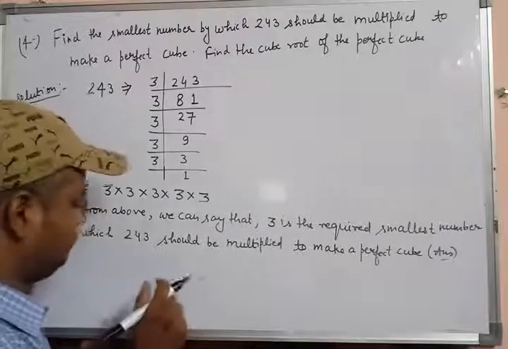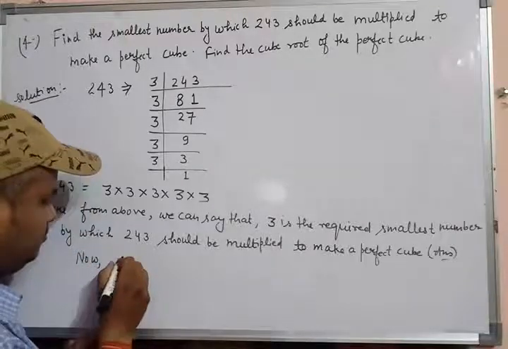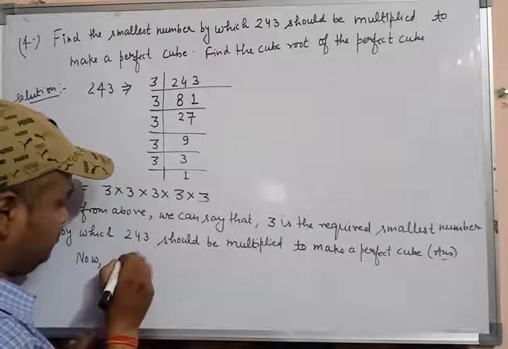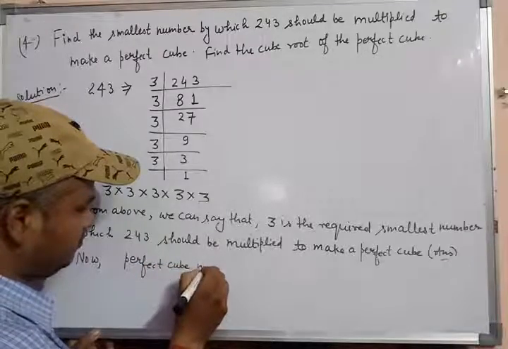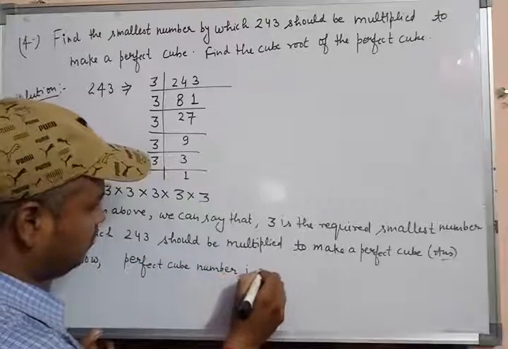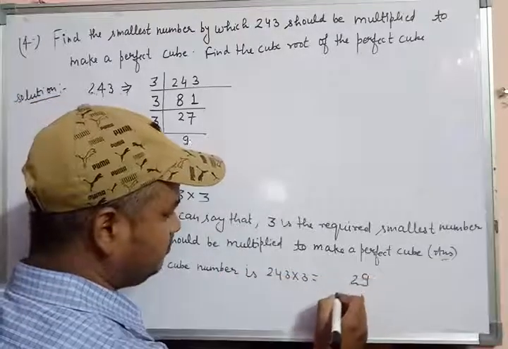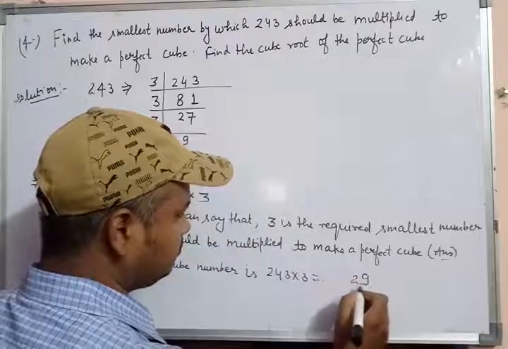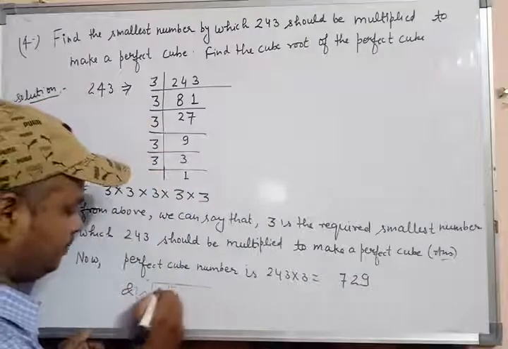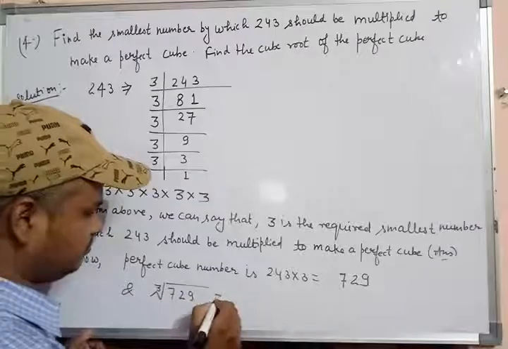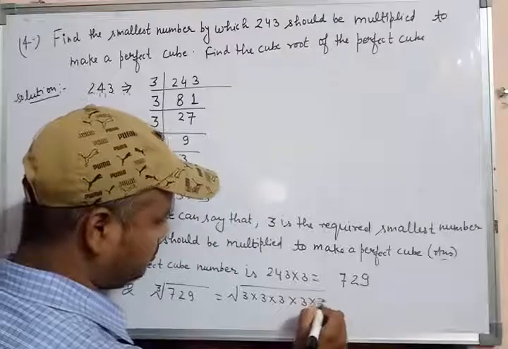So now the perfect cube number is 243 multiplied by 3, then we will get 729, and the cube root of this number is 3 into 3 into 3 into 3 into 3 into 3.